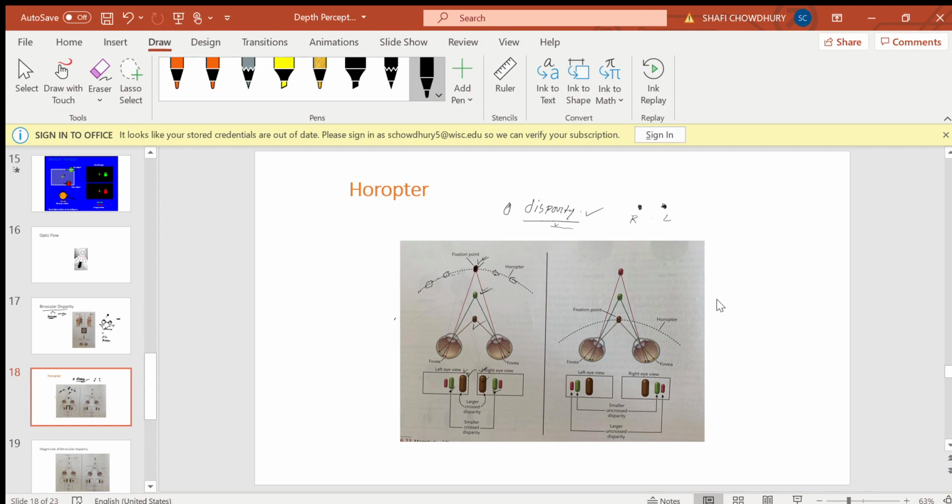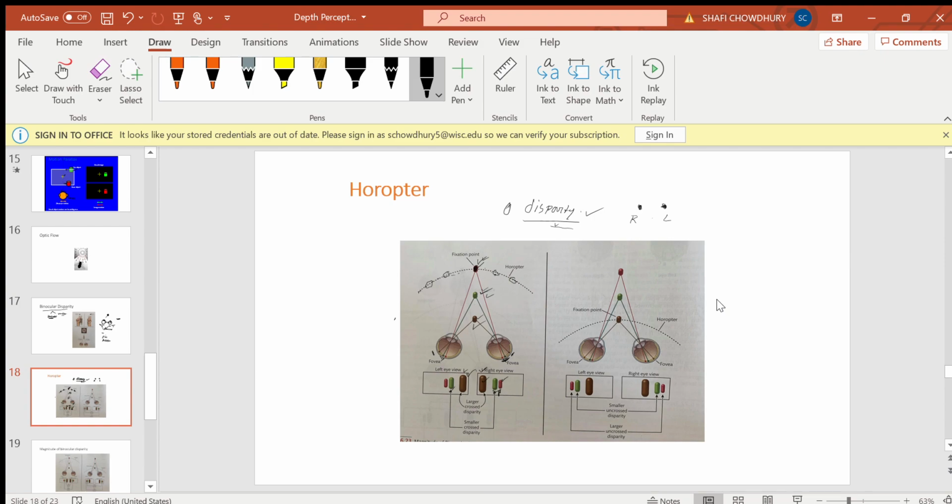The fovea is this one, the red one, right? So the fovea is here, and the green one is slightly lateral to the fovea. This is the distance from the fovea. And if you look at this one very near, then the picture is farther from the fovea here and here.